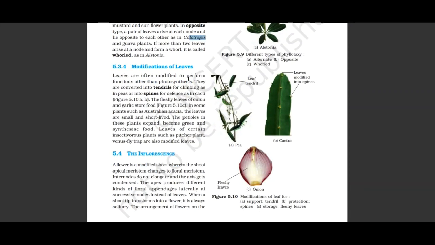Let us see the modification of leaves. Leaves are often modified to perform functions other than photosynthesis.